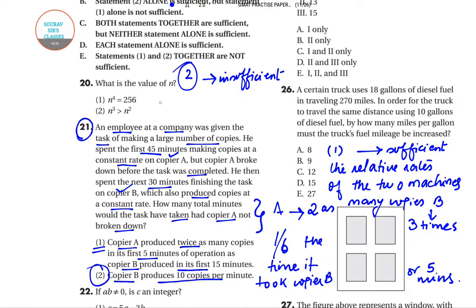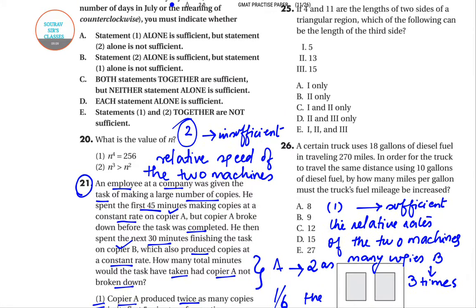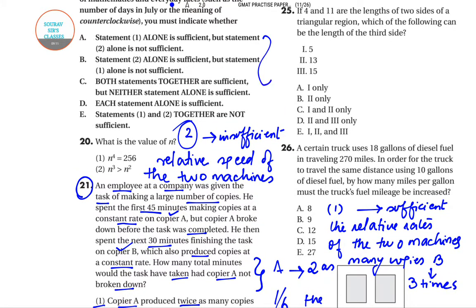Because it does not allow you to determine the relative speed of the two machines, which is allowed in the first statement. So 2 is insufficient while 1 is sufficient. That means the correct option that must be picked out of these 5 is option number A.